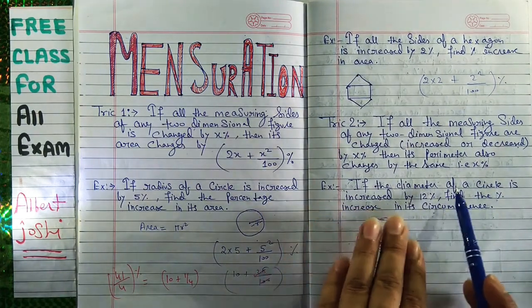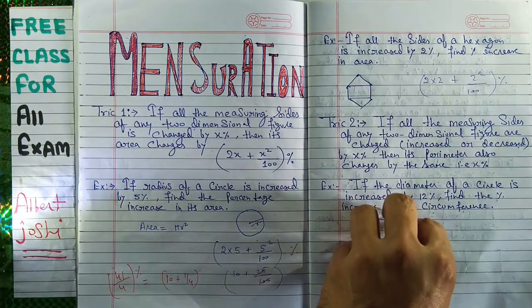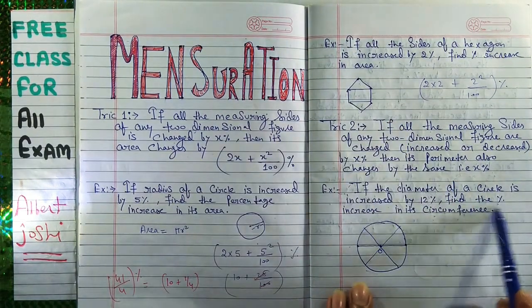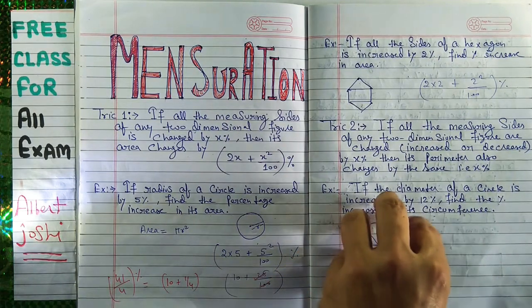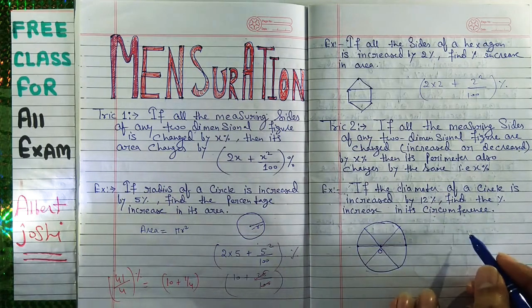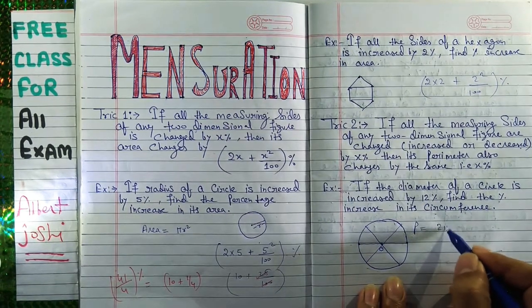Now he is asking, if the diameter of a circle is increased by 12%, so your circle will look like this. In this condition, find the percentage increase of the circumference. If you are increasing the diameter, then your circumference will also increase by 12%. Before, your circumference, that means perimeter, is equal to 2 pi r.